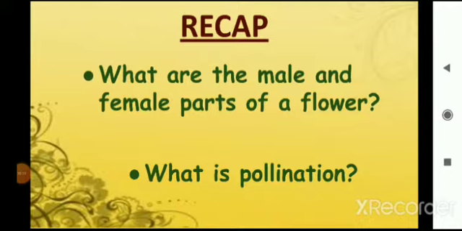In your last block, that is block 8, you had learned about male and female parts of a flower, right? What is the male part of a flower? The male part of a flower is known as stamen, which is made up of anther and filament, right?